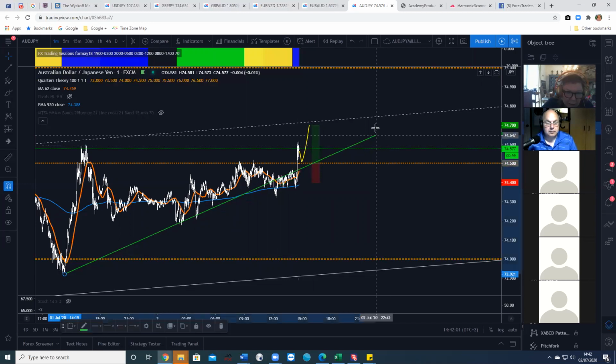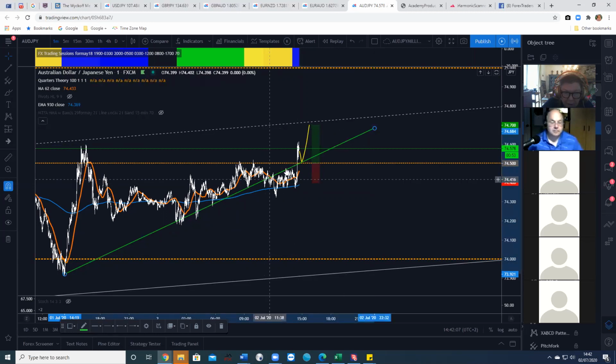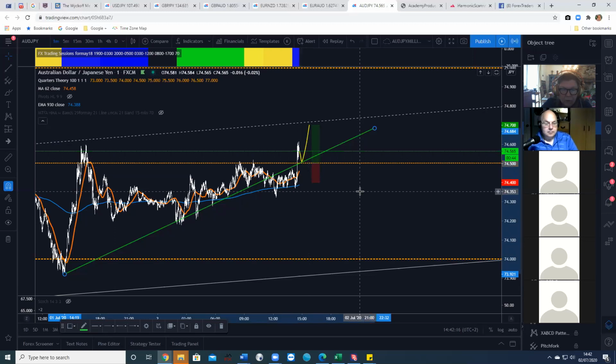I could draw it like that, which I probably prefer. So I'd still be looking for it to come back, hit that 1 minute trend, and then come up, and for the 62 to come up to the quarter theory. Okay, so that's that trade there.